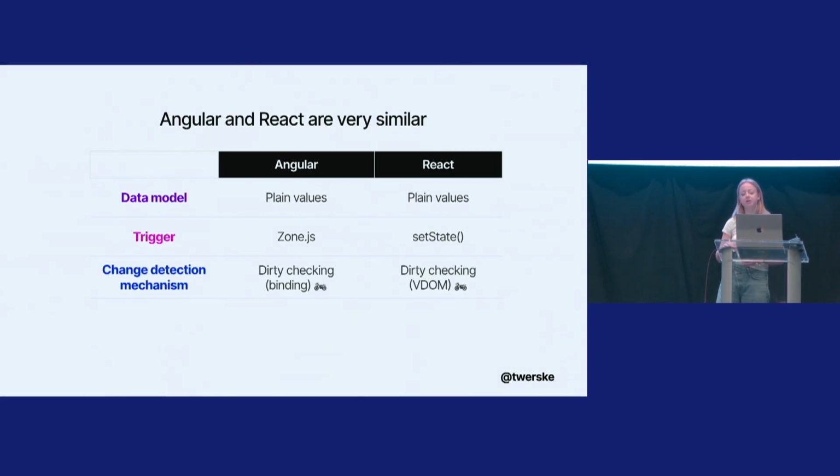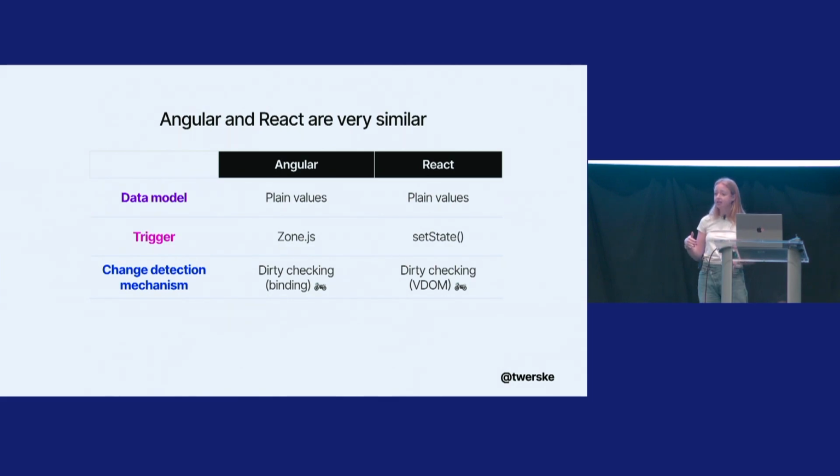And both frameworks use a concept called dirty checking, or a diffing operation, to determine what changed and what part of the UI needs updating. So when we're running that synchronization, the framework needs to know how to do that, and that's essentially called dirty checking.